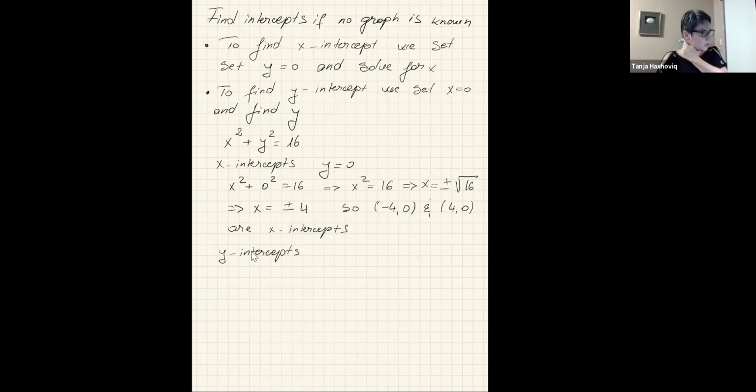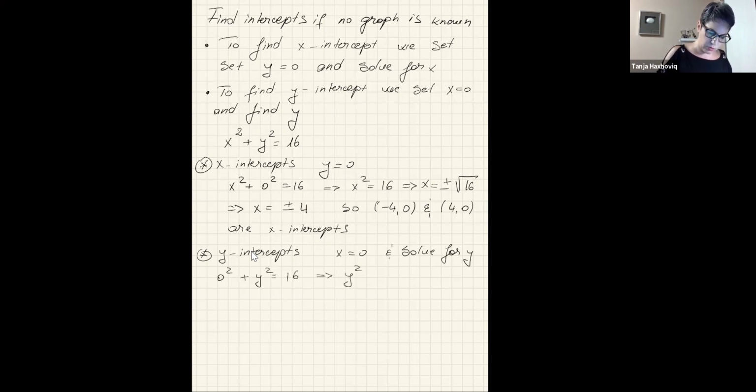Okay, so for the y-intercepts, we set x to 0 and solve for y. So 0 squared plus y squared is equal to 16.